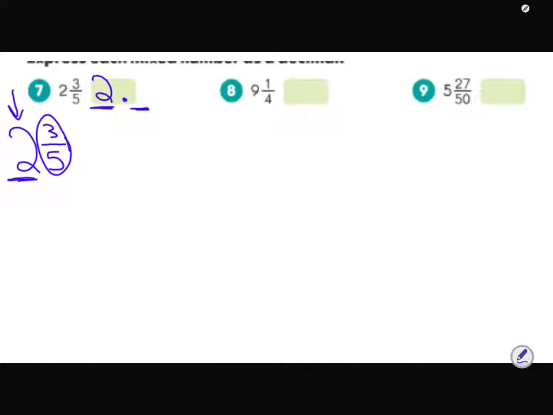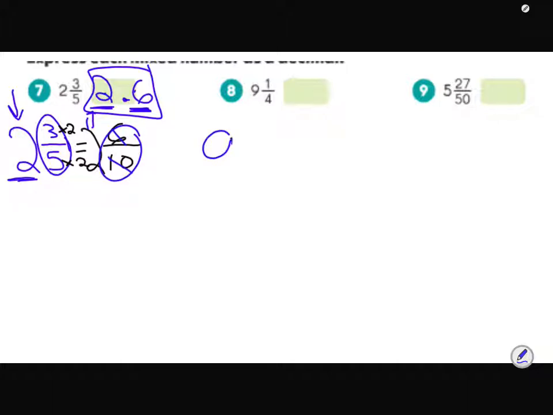So again, if I have 2 3/5 and I want to change my fifths to be either tenths or hundredths, I'm going to pick tenths because I know that 5 times 2 is 10 and I know that 3 times 2 is 6. So I get 2 and 6 tenths. Well, now I can write that. I have 2 wholes, and the 6 tenths needs to be in the tenths place. This says 2 and 6 tenths, and this says 2 and 6 tenths.